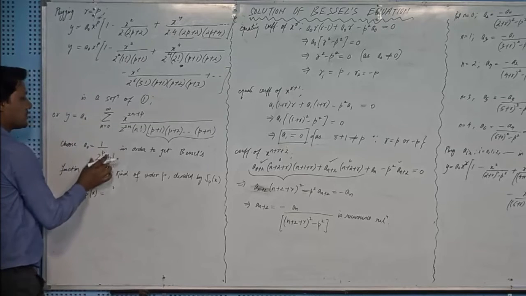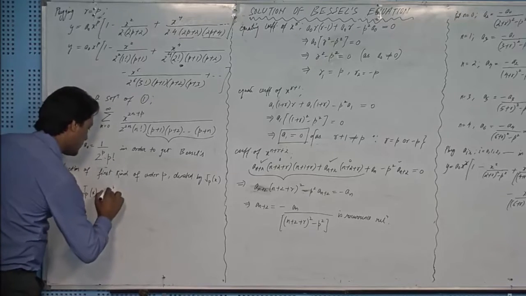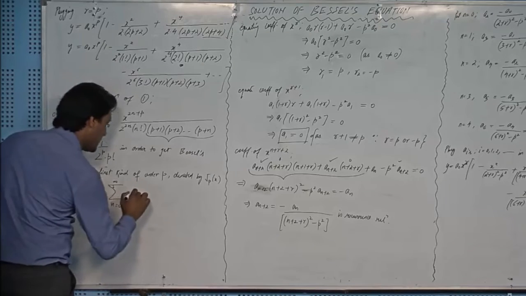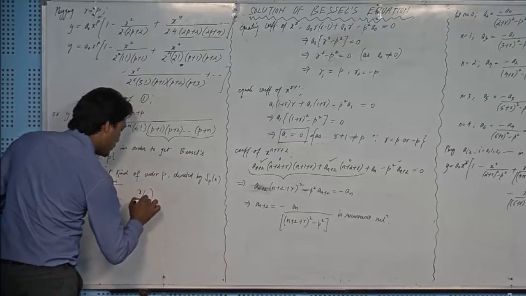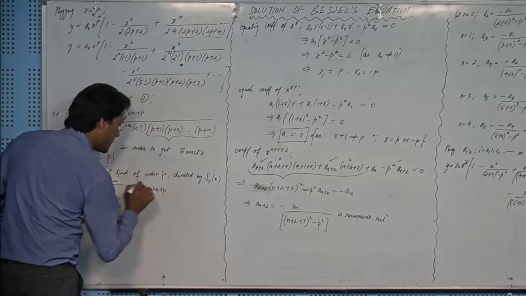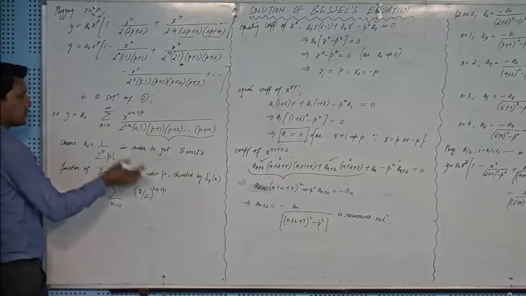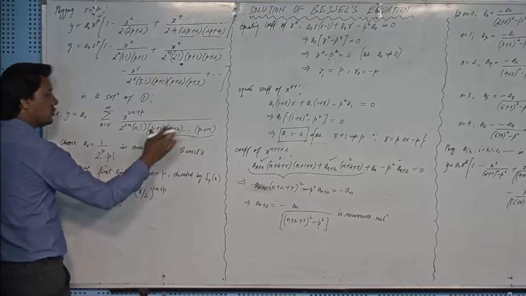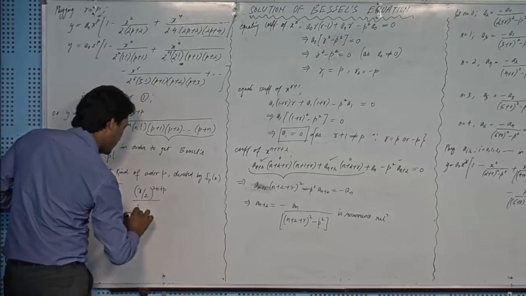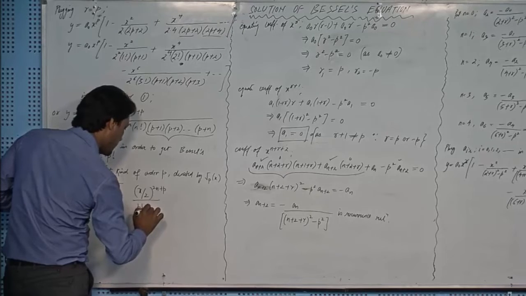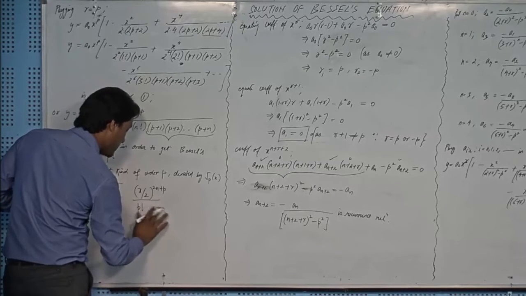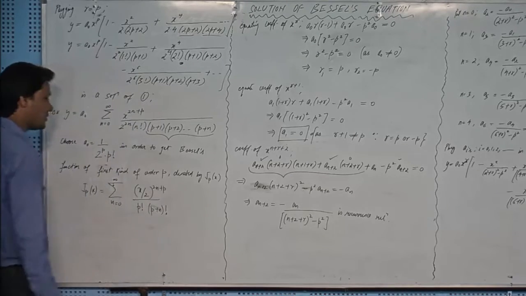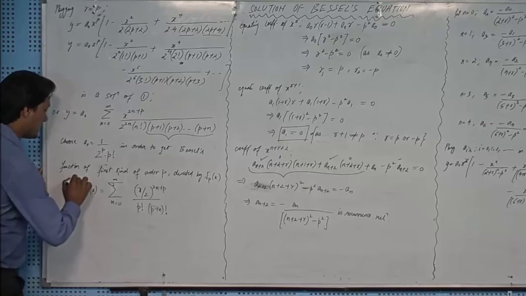Now you can see that if you use this constant, then this summation will be written in this way: the sum from n equal to 0 to infinity of x by 2 to the power 2n plus p. You can write these x and 2 together because they have the same power. Now we use this a naught, and this p factorial multiplied with this whole thing will produce p factorial and p plus n factorial, right? So you have to remember this at least.